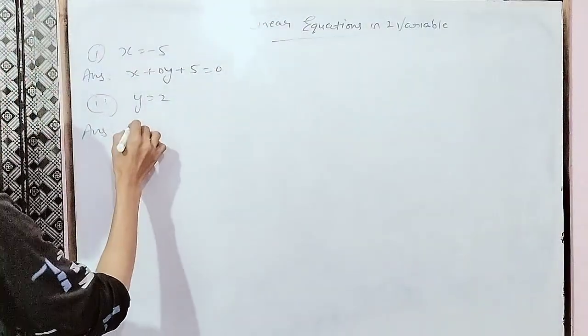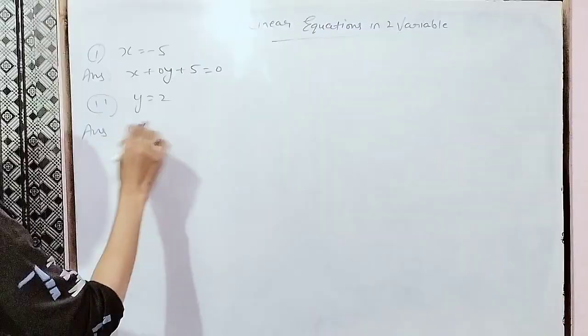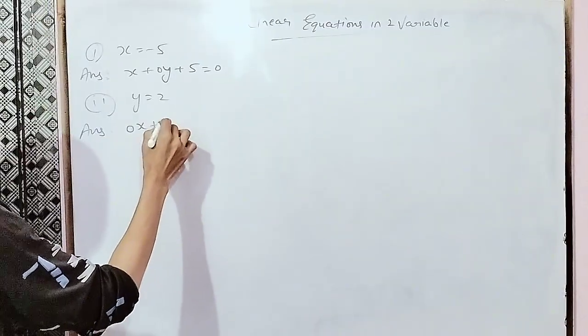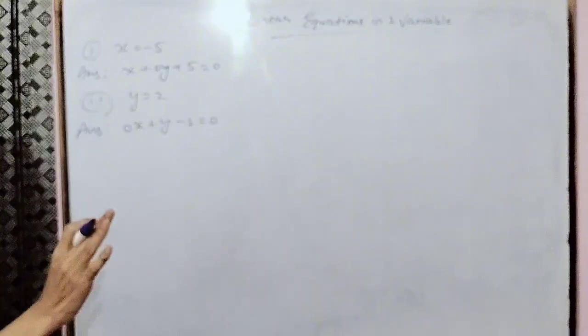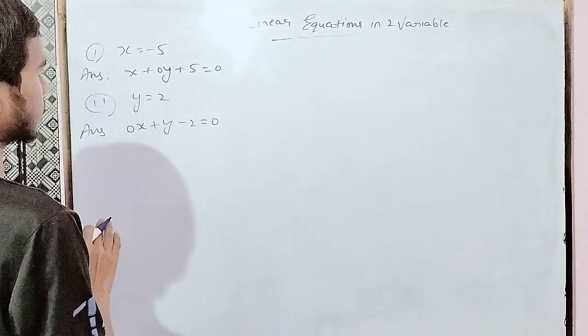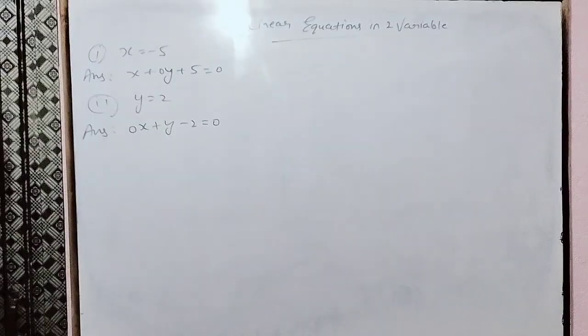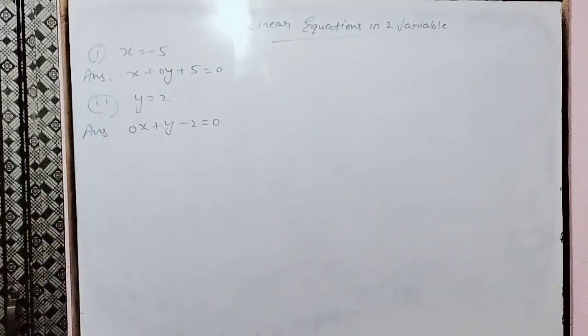Here we don't know x, so we will apply 0 with x. 0 multiplied by x will be 0. Now y, this 2 is equal to 0. Now it is the final answer. So we have written this in two variables. x is one variable, y is the second variable.